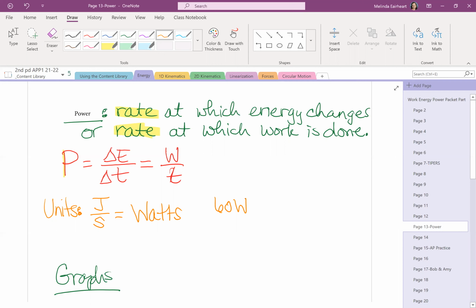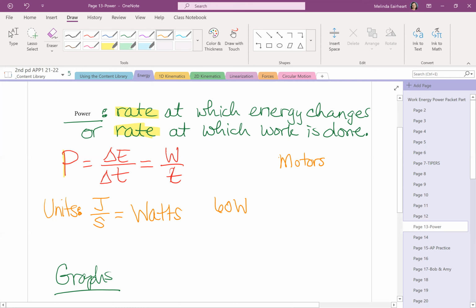So it's really not hard. It's just that division, right? I can change my energy. I can speed something up slowly or quickly. It depends on the power. And so a lot of times the problems that we'll look at, we use motors to move things, right?